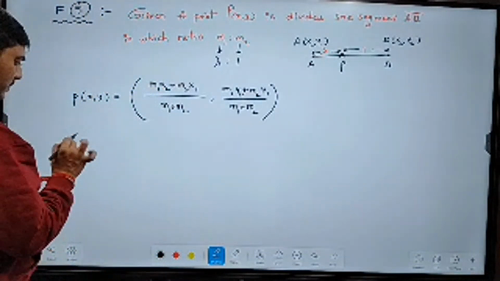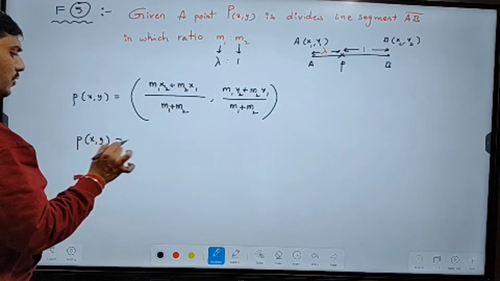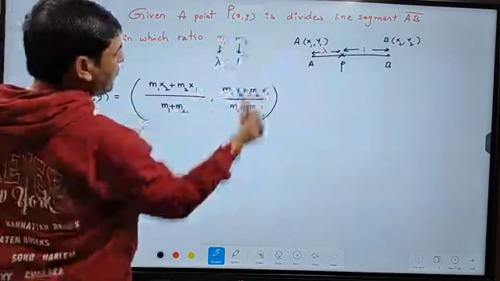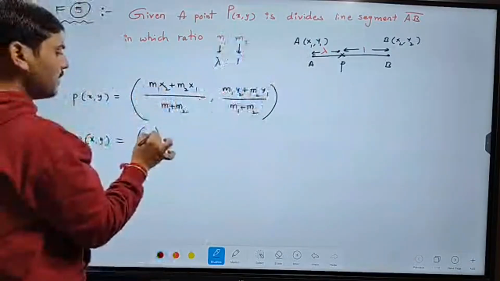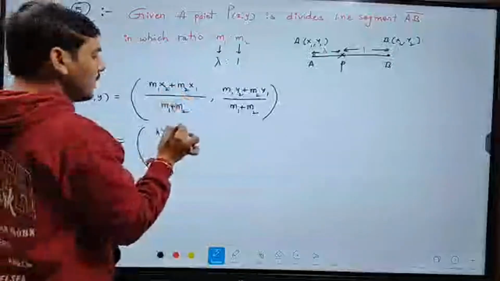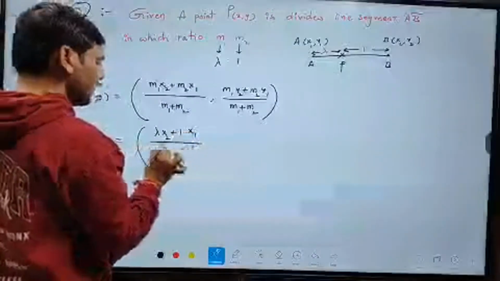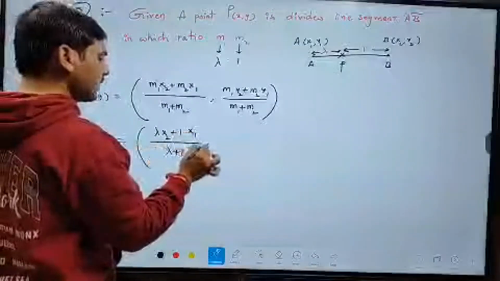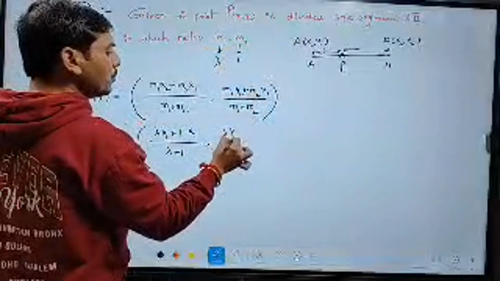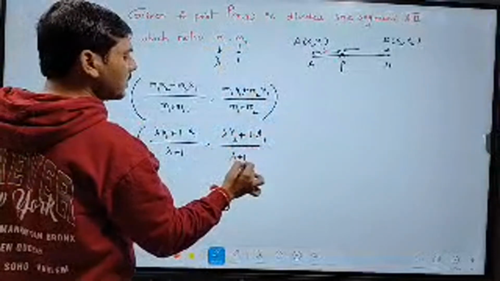Now I am going to P of x comma y equal to, with m1 and m2 replaced. M1 value lambda, m2 value 1. Tell me, m1 value lambda times x2, m2 value 1, sign is plus, 1 into x1, by lambda plus 1, comma, lambda y2 plus 1 into y1 by lambda plus 1.